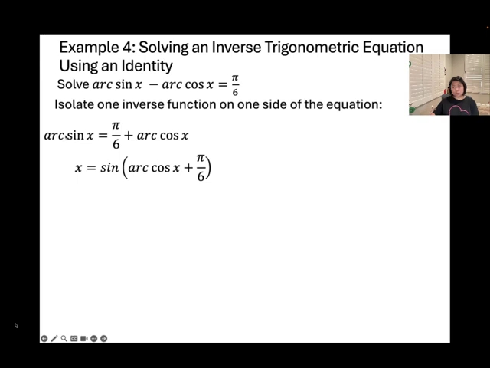Same idea with the inverse sine of x, so sine of the whole thing will be equal to x. And then we have an arc cosine x here. We're going to let arc cosine of x equal to u, so cosine u would be equal to x.